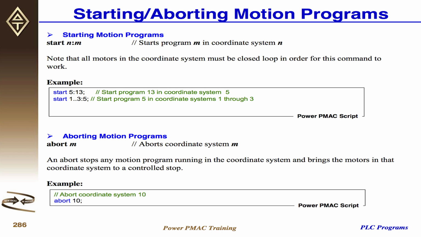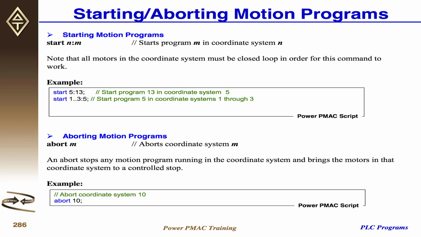Same thing for aborting a coordinate system. You can use the abort command. For example, abort 10 will stop any motion programs executing in coordinate system 10 and will bring all motors in your coordinate system to a controlled stop. The abort command is different than kill in that it will actually decelerate your motors rather than just cutting power and letting them coast.